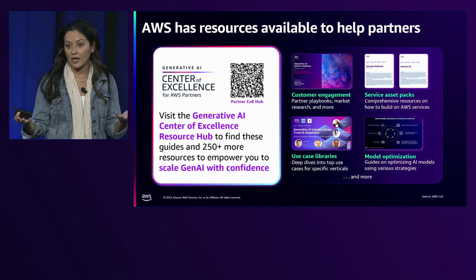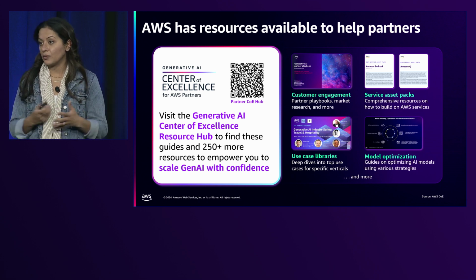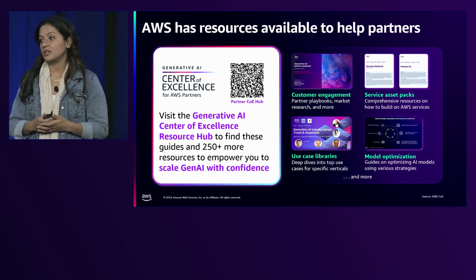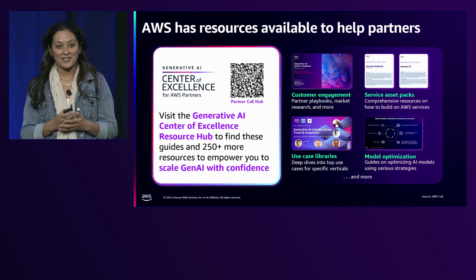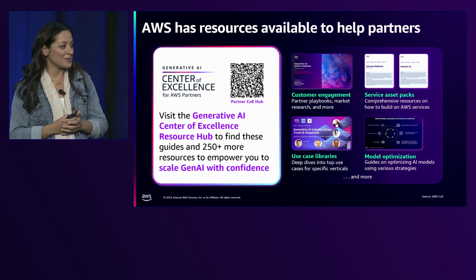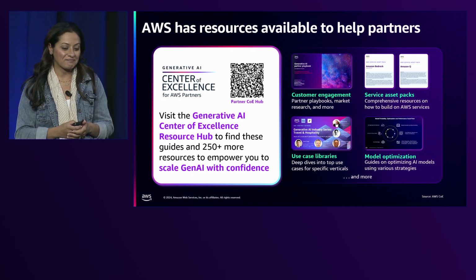So I strongly recommend our AWS partners in the room to come check out the hub, leverage it as you build your go-to-market strategies and your investment areas for generative AI, and I strongly recommend the customers in the room to find an AWS partner that you trust and that you can work with on your generative AI adoption journey.